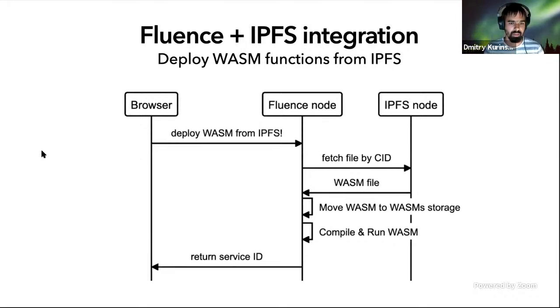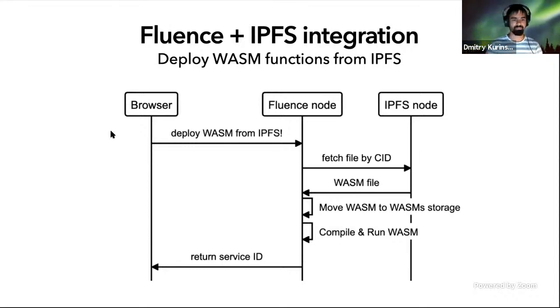The next part is about Fluence and IPFS integration. So first of all, I want to show how Fluence makes it possible to deploy WebAssembly, to deliver WebAssembly code from IPFS to a Fluence node. So this finally means that you can point to the WebAssembly, to link computations by CID.